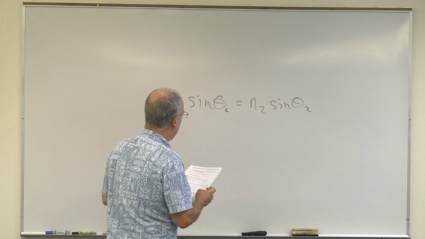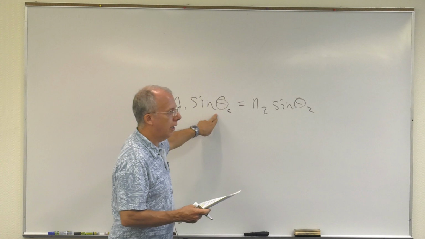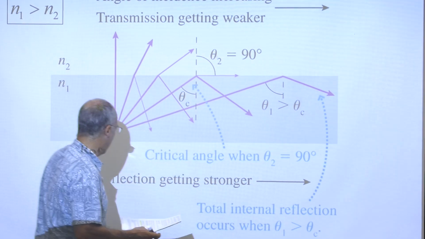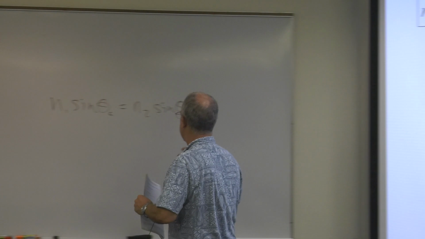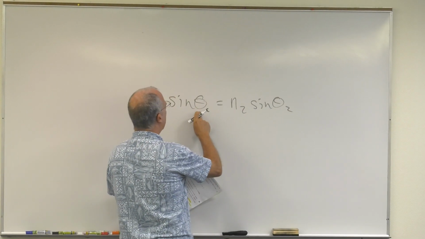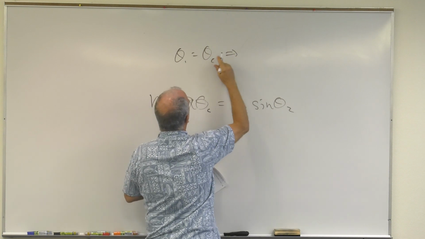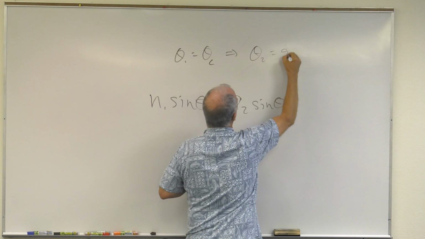Now, what is theta 2 when theta 1 is theta critical? Well, when theta 1 is theta critical, theta 2 is 90 degrees, right?